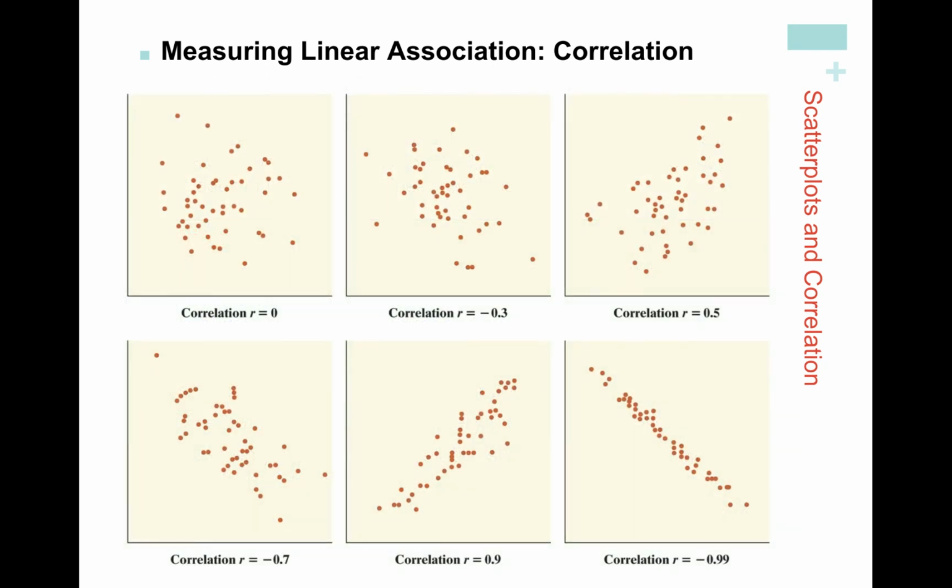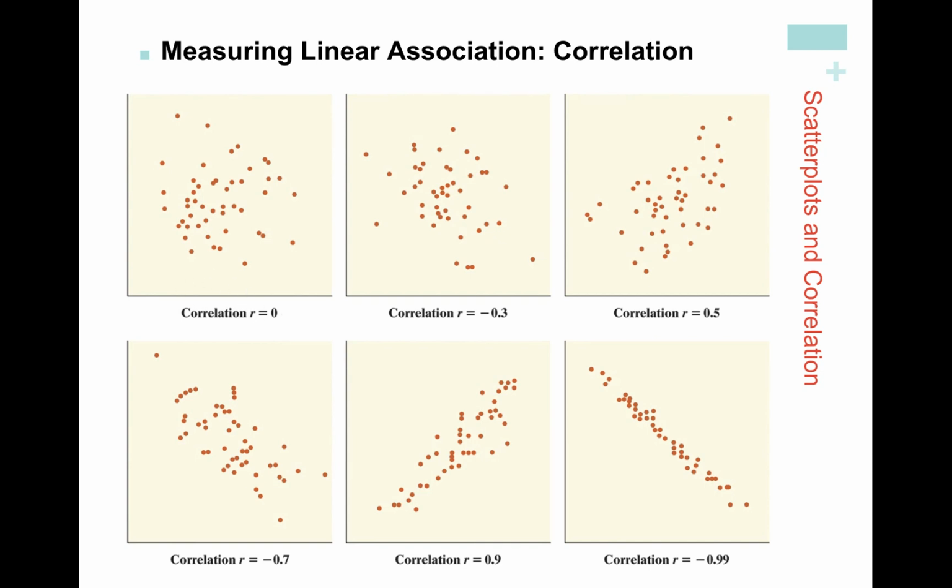So here are some different correlations. Look at these dots. What is the overall pattern of these dots? Well, I don't know. It kind of looks like there's a negative association, but there also appears to be a positive association. So there's a zero correlation here.